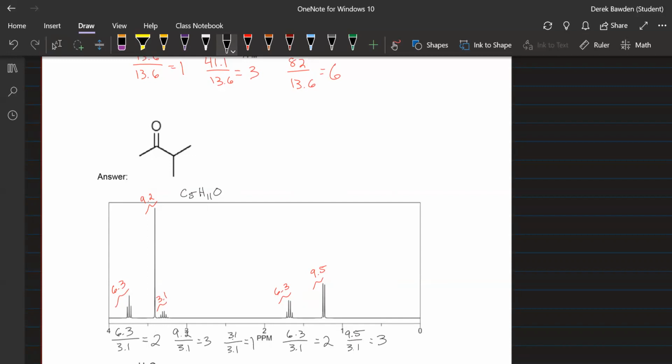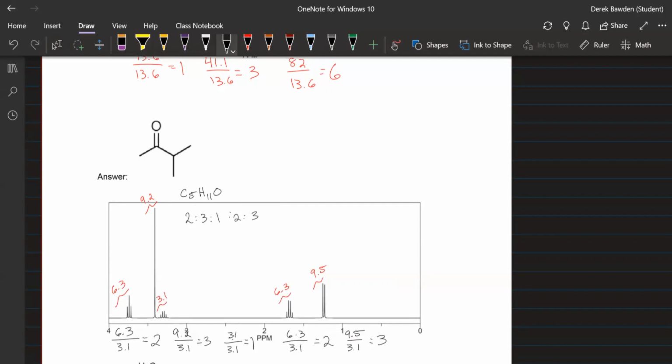So we know our ratios are 2 to 3 to 1 to 2 to 3. Now, if all of these add up to 11, then we know this is our absolute value of hydrogens. So here we have 5, 6, 7, 8, 9, 10, 11. So yes, that does add up. So that's how we know that this is the exact value of hydrogens in each of these peaks.